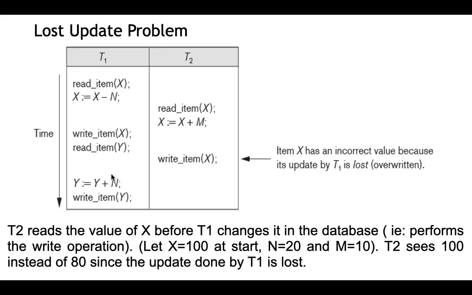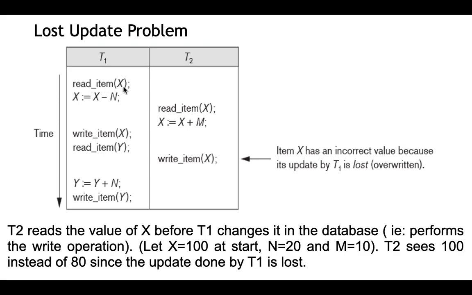Now in this example, let's take n to be 20 and m we can take as 10, just for the explanation. X they have taken to be 100. You have 100 rupees in your account, 20 rupees has to be transferred to account Y, and 10 rupees is being transferred to your account. That is the whole thing that has to happen.